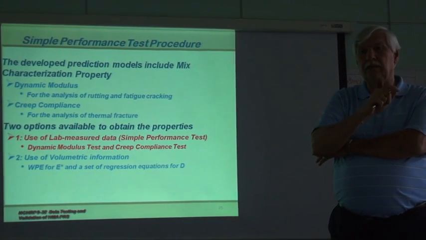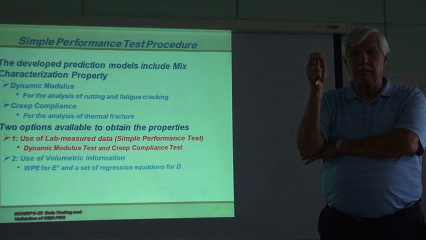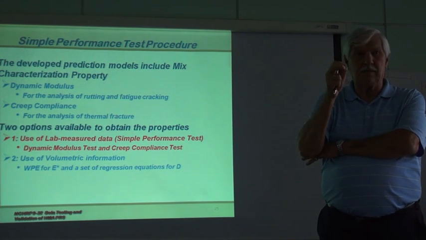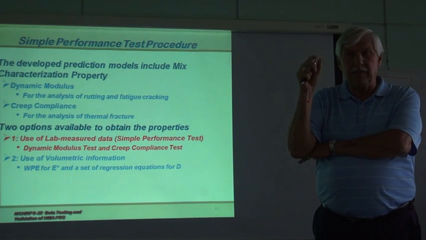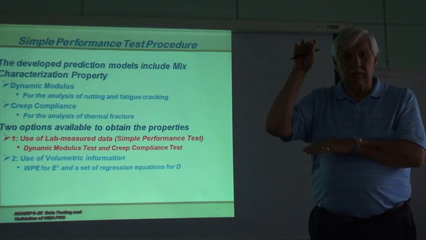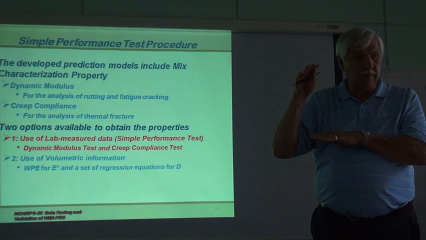That is by far the most important variable that drives rutting performance, thermal fracture, and fatigue cracking. Once I get into fatigue cracking, I have another factor, which is the structural capacity of the pavement, thickness of the asphalt, and a few other things.